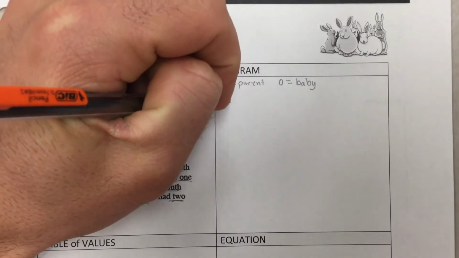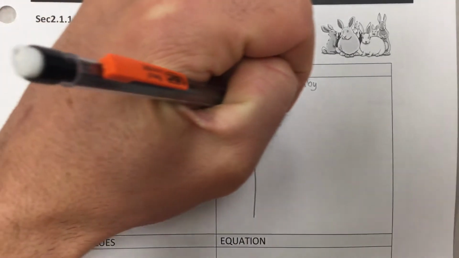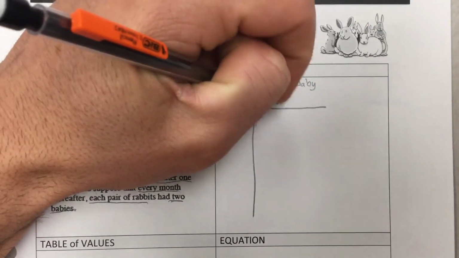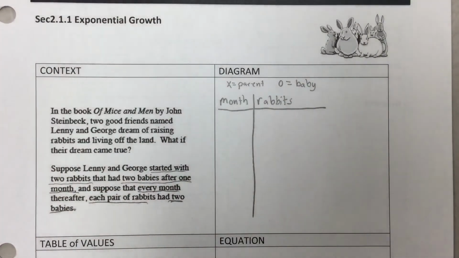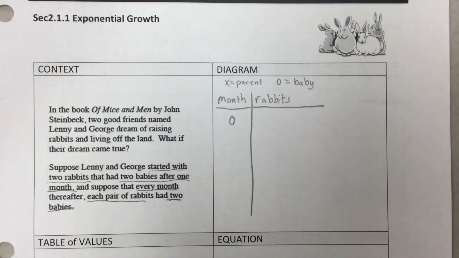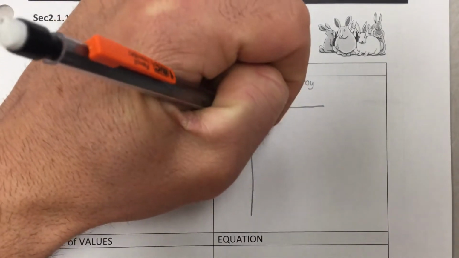And so we're going to have month here, and then rabbit here. So at month 0, that's what they start with. There were two rabbits to start, so I have two x's.